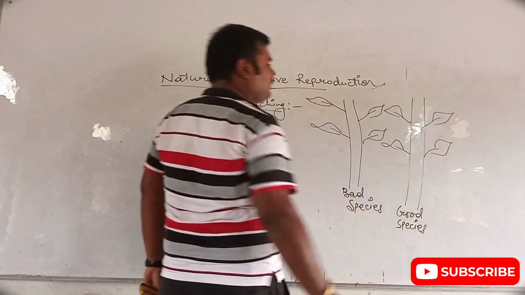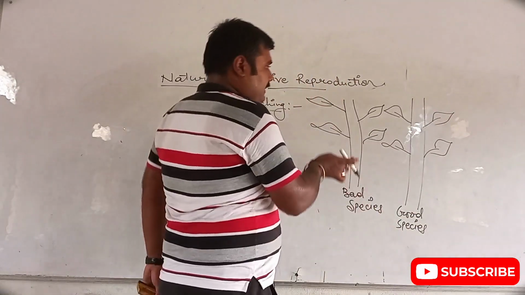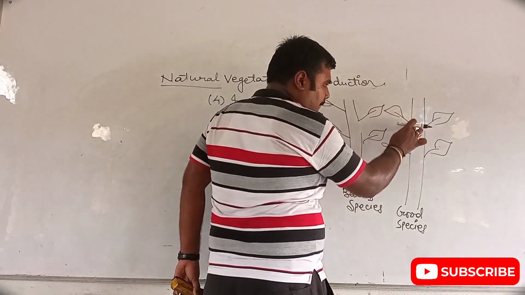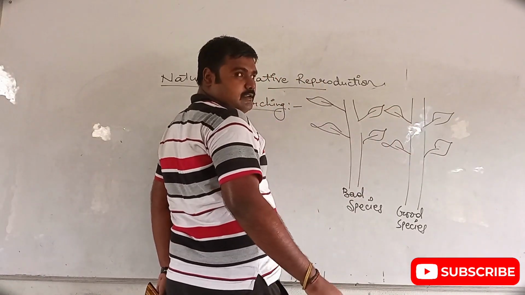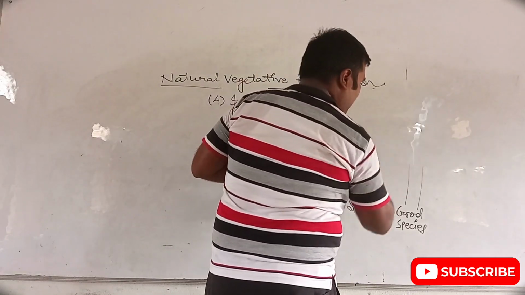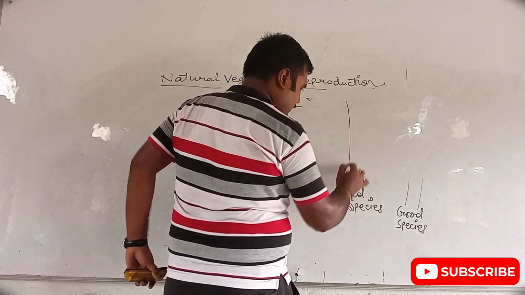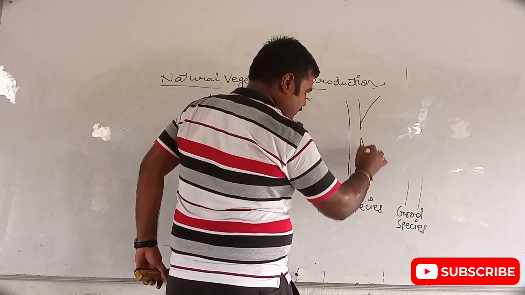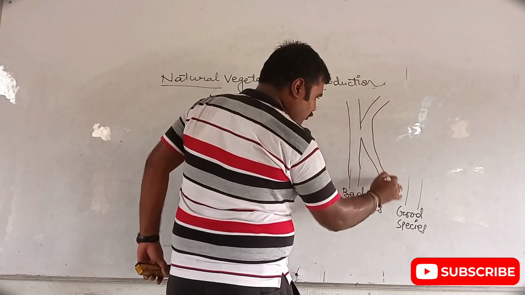Now what is done? Both plants are imprinted at a particular point of a branch. Now the part from where they are imprinted is tied up together.